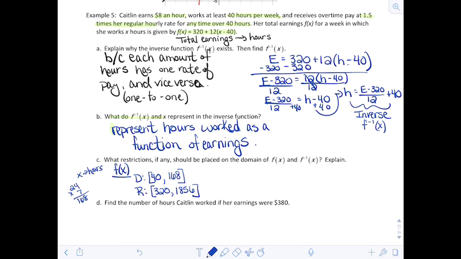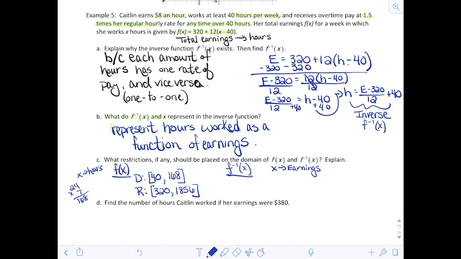Now, if you look at f inverse, we have a function where the x represents earnings. Earnings would be what gets plugged into the equation.